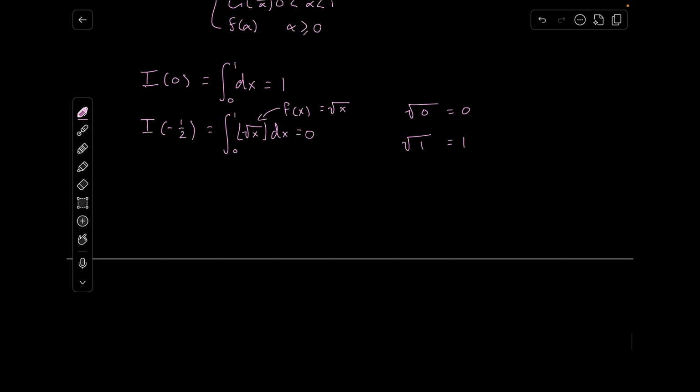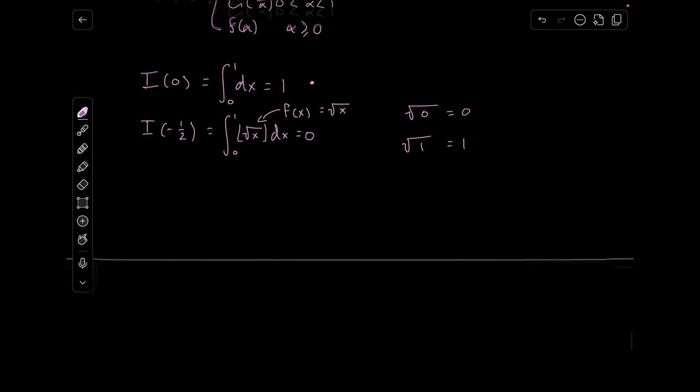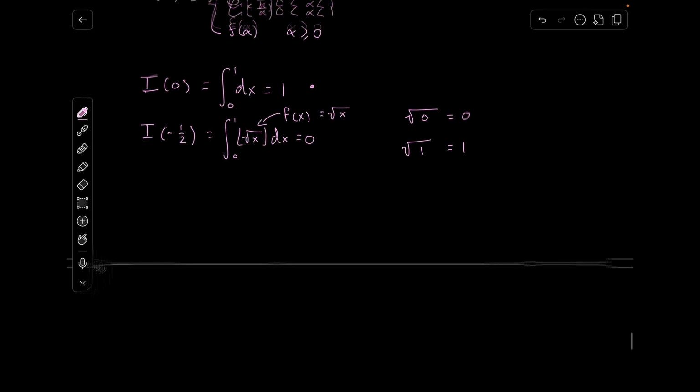So for any, we have this definition for our I function. This I of 0 has a special value.